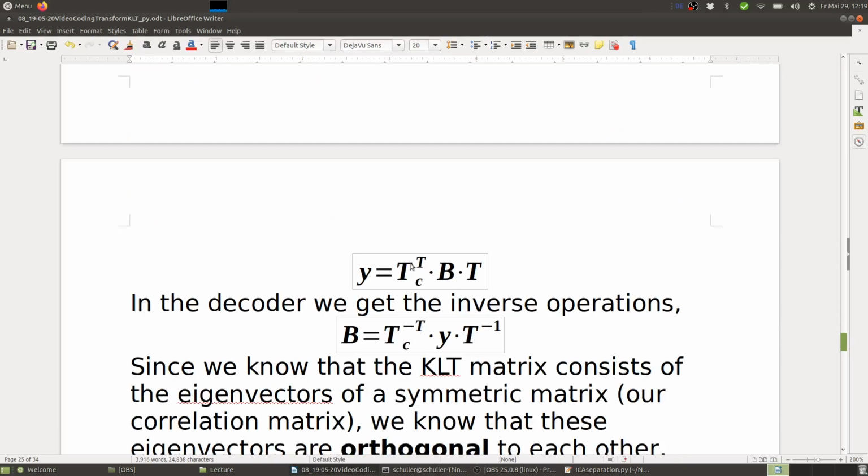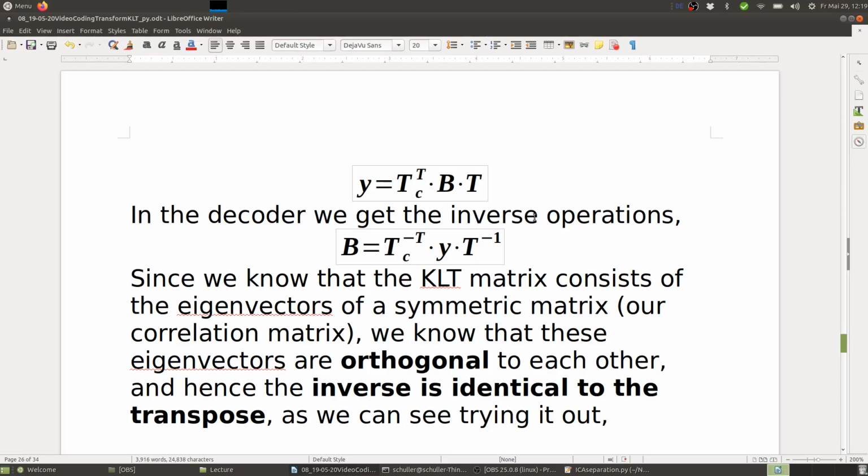So here is the result. You take each block B and multiply it from the right hand side with the T for the rows, and from the left hand side we take the transpose of the KLT for the columns. And in the decoder we simply apply the inverse. We take the matrix inverse to obtain the original B back.